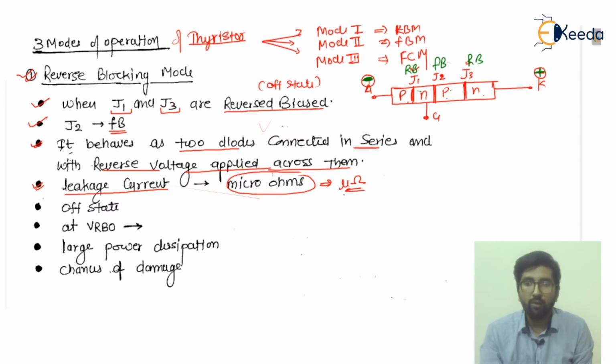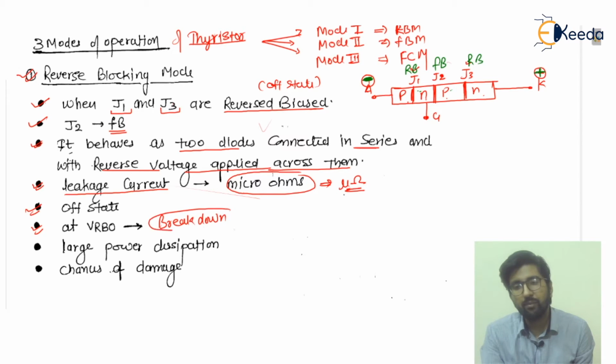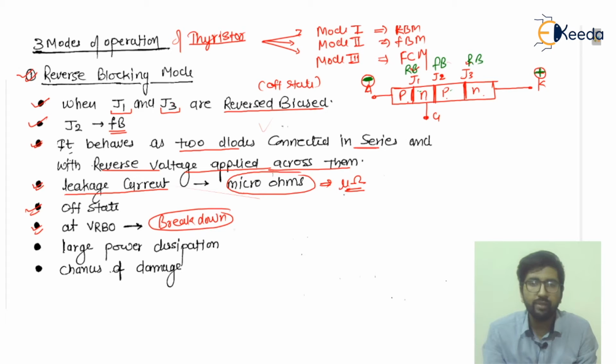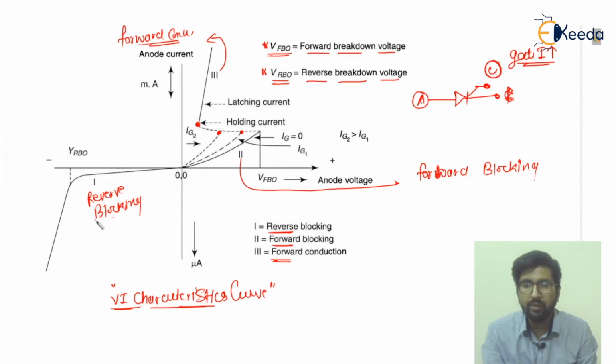Okay, so obviously if it is operating in the reverse blocking mode, it will be in the off state, and at the VRBO there will be a breakdown. What type of breakdown can we see here? This is a kind of breakdown here, and at the breakdown the current will flow in the negative direction.